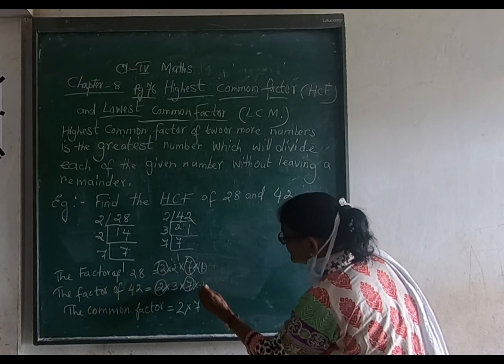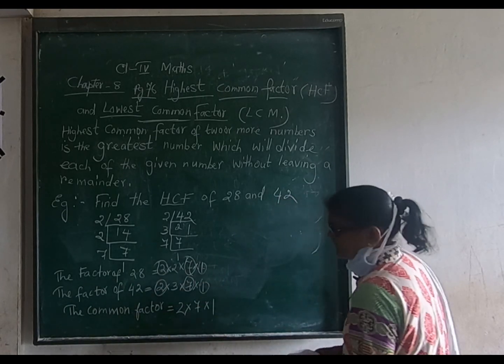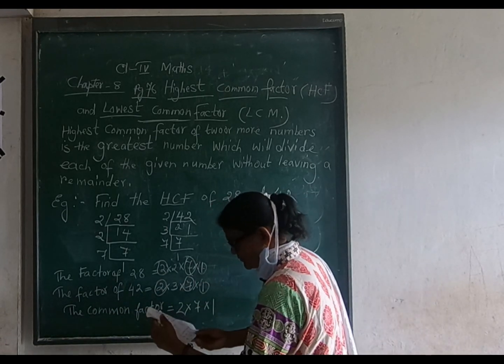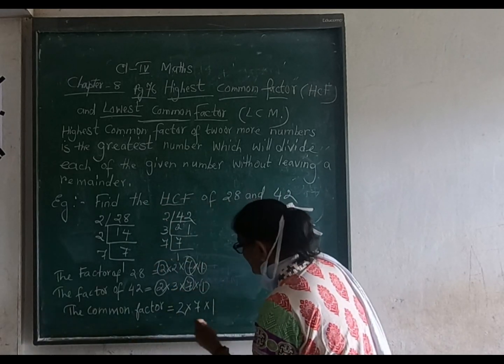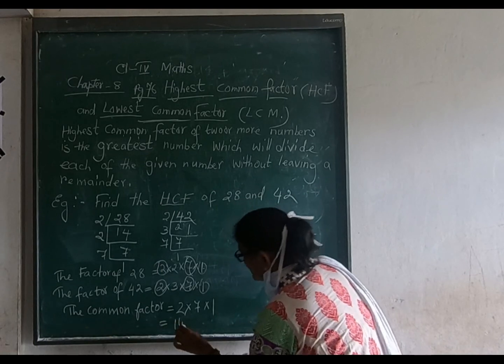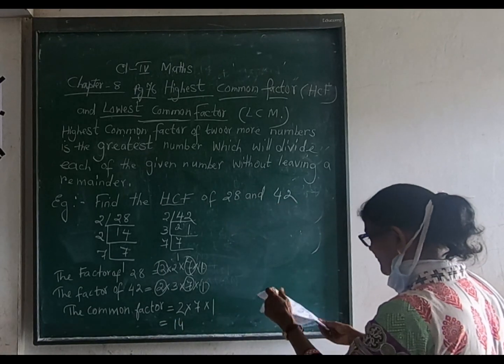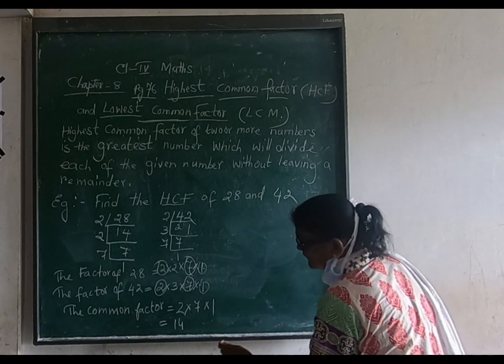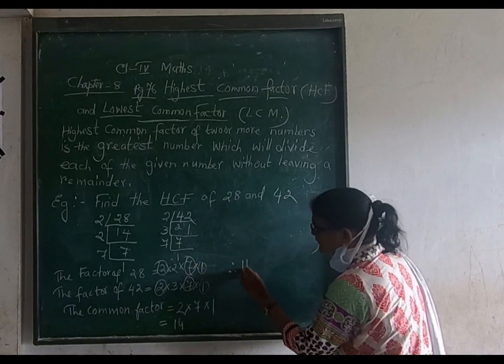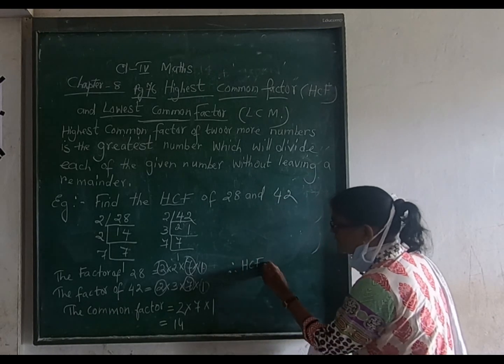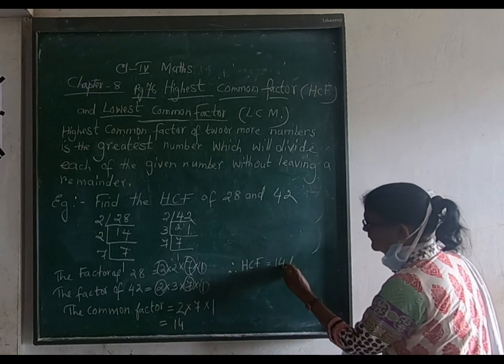Of course, 1 is there, but 1 will give the same result. So the common factors are these, and 2 into 7 comes to 14. Therefore the HCF is 14.